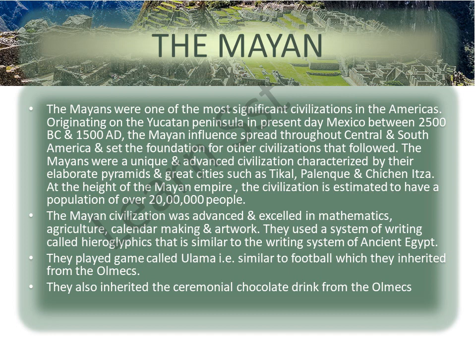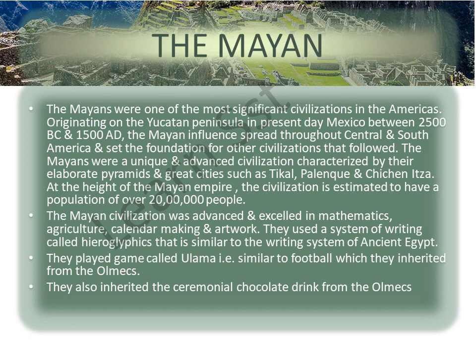At the height of the Mayan Empire, the civilization is estimated to have had a population of over 20 lakh people. The Mayan civilization was advanced and excelled in mathematics, agriculture, calendar making, and artwork.